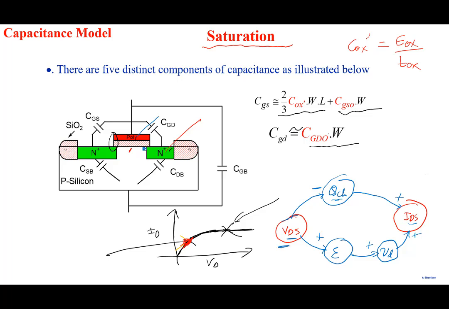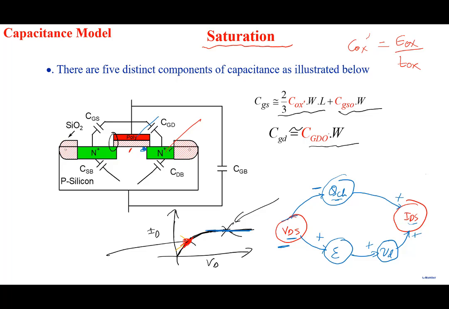As I change drain to source voltage, does channel charge change? What is happening? If channel charge will change, then VDS will change. So what happens is the moment you create a pinch off, when it's flat, drain is losing control over the current.